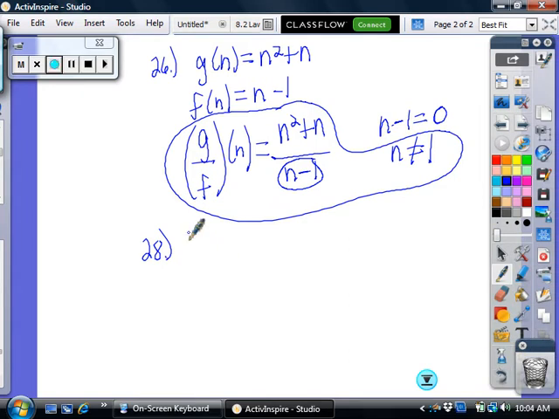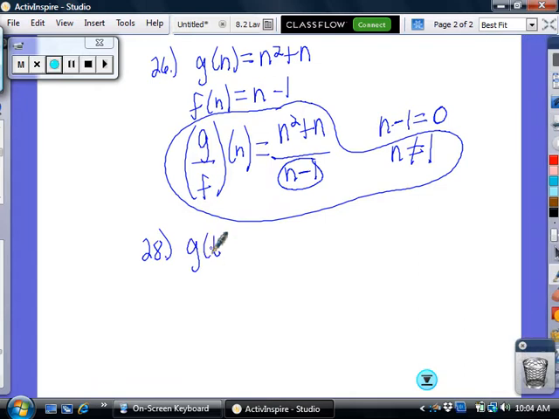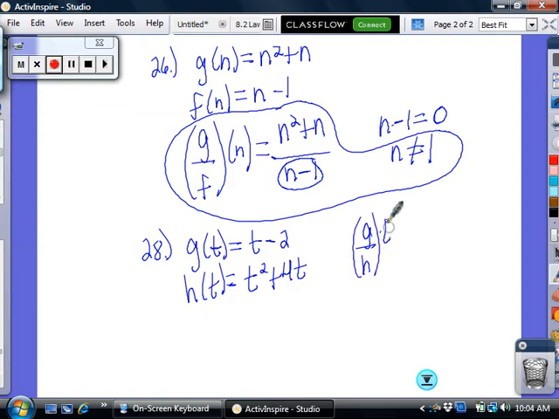Alright, 28. g of t is equal to t minus 2, and h of t is t squared plus 4t. And the problem asks us to find g of h of t.